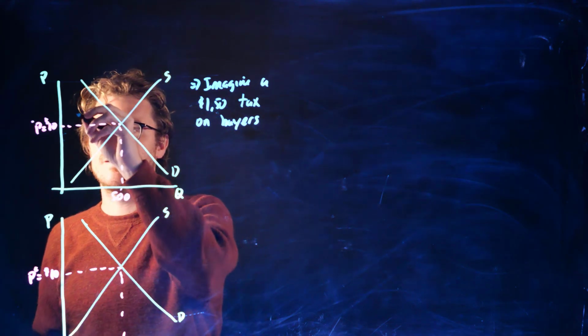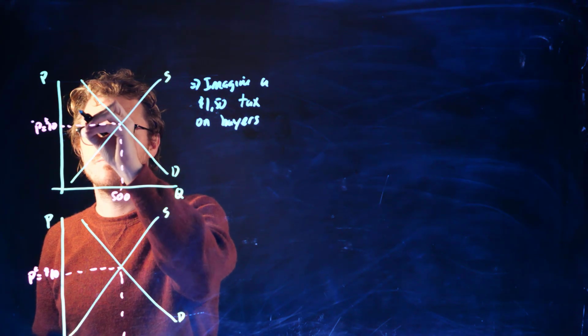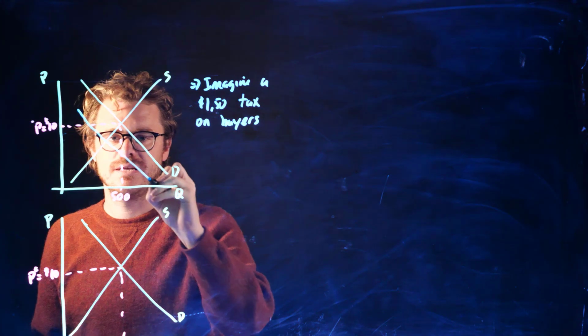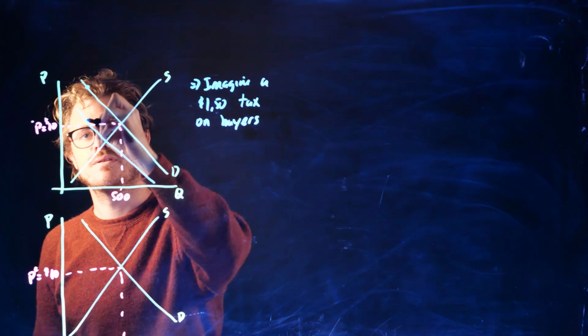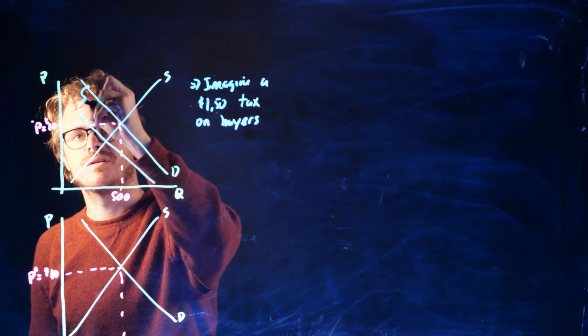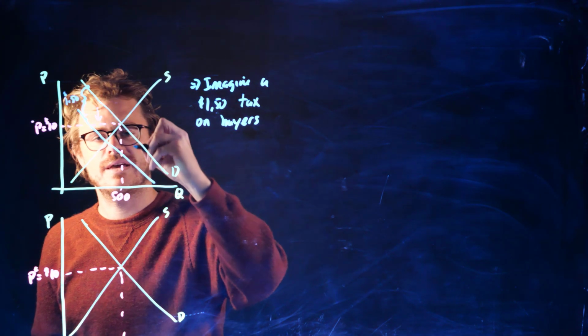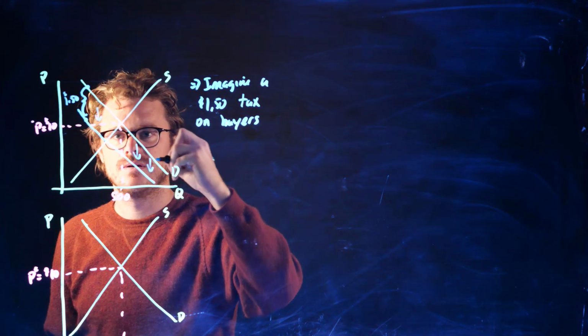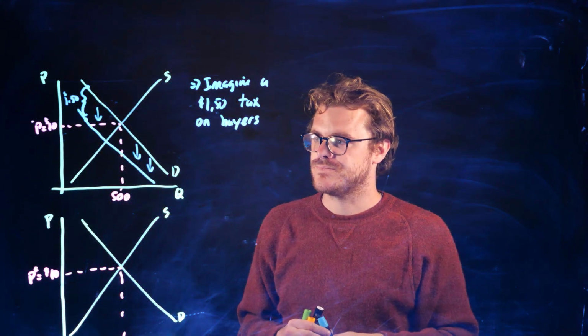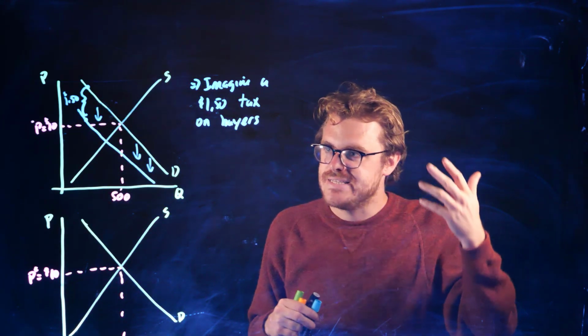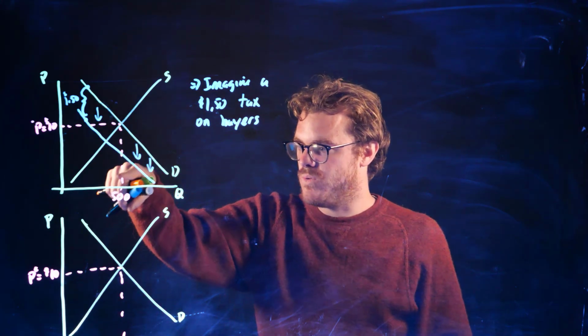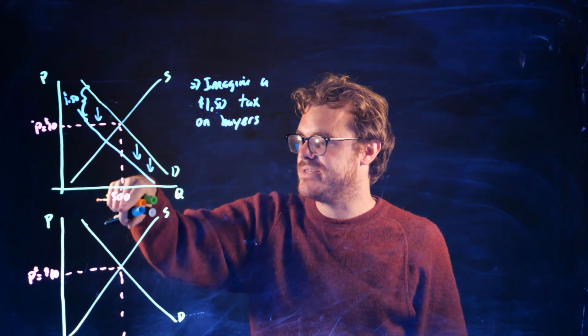So what does that mean? Well, it means this whole demand curve is shifting down by $1.50. Again, the reasoning there is to continue to want to buy, let's say, 500 pizzas.